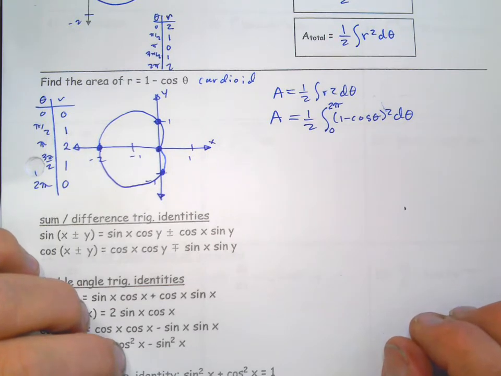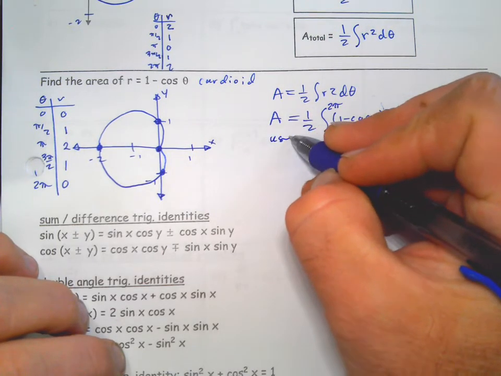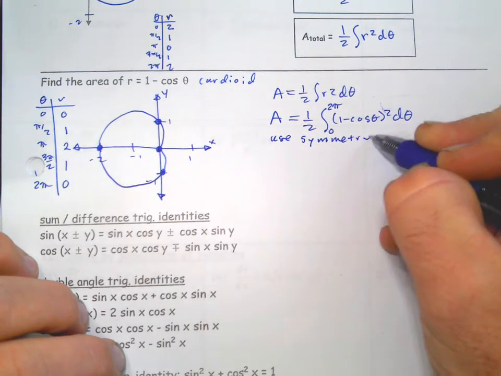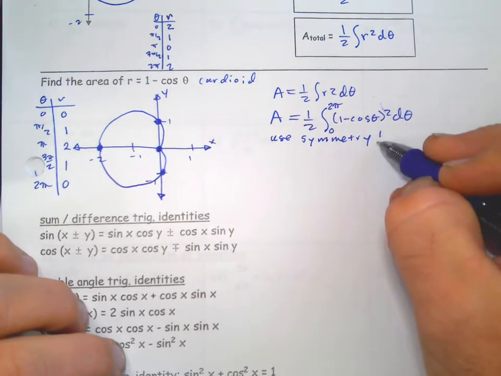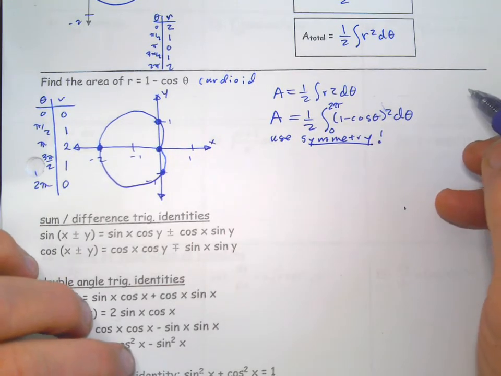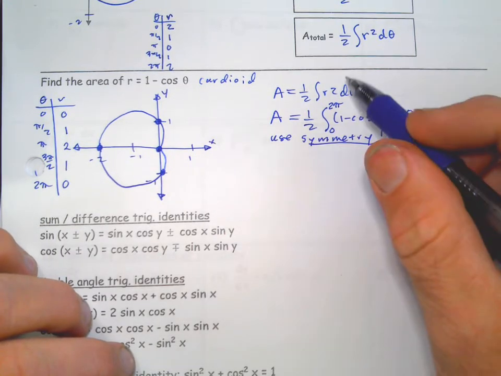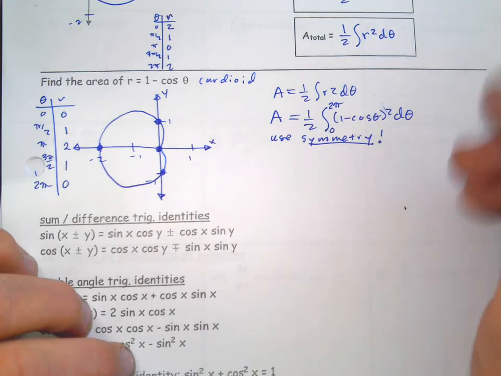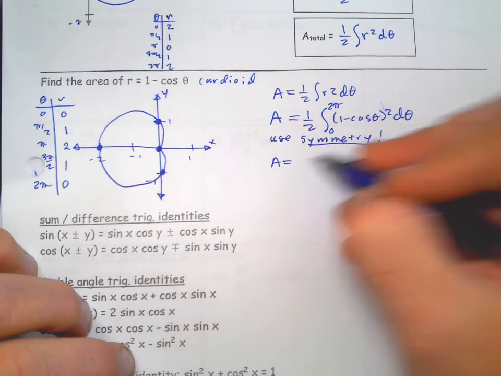Now, there are other ways that you could set this up. You could use symmetry, which often, whether you like it or not, they like to use on the AP test multiple choice questions when they say, find the area of this shape, and then all the answers are setups of integrals, and you don't actually find the final answer. They like to use symmetry a lot, and sometimes that can make the work easier.